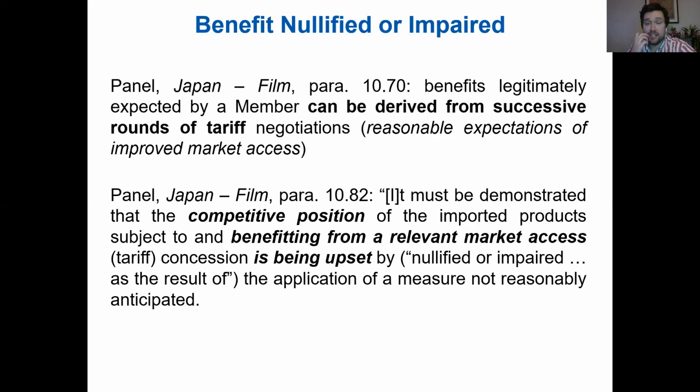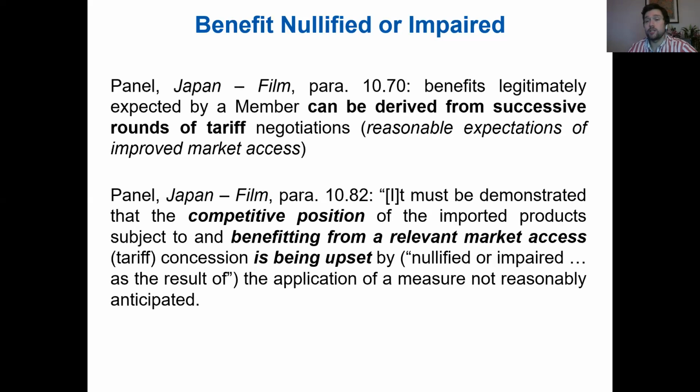And then how do we demonstrate that our benefits have been nullified or impaired? It will be actually the analysis, again, of the same competitive positions. It must be demonstrated that the competitive position of the imported product, subject to and benefiting from relevant market access tariff concessions, is being upset by the application of a measure not reasonably anticipated.